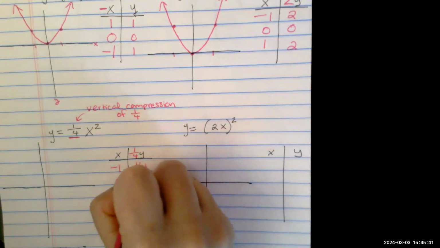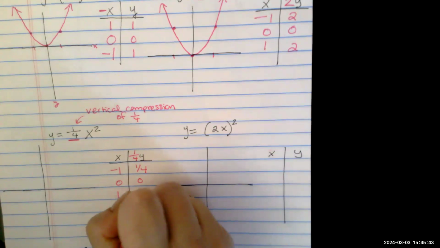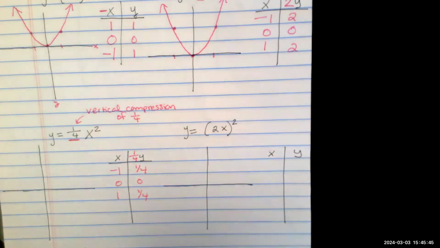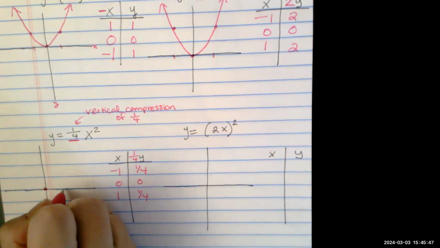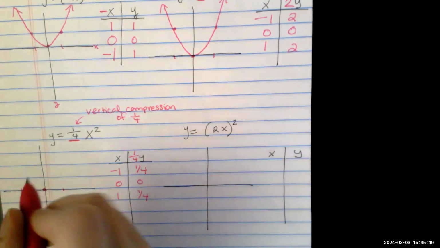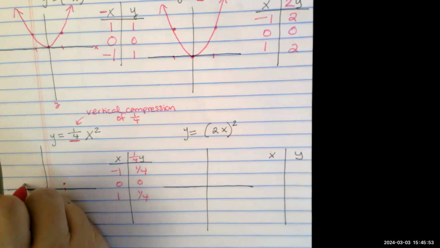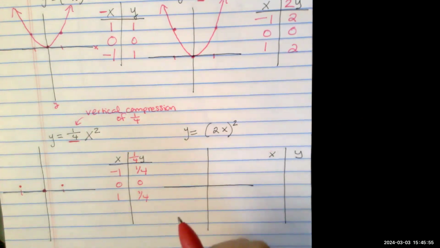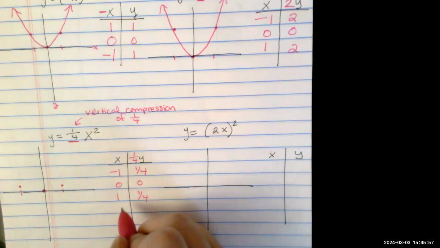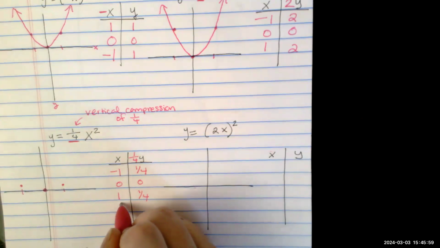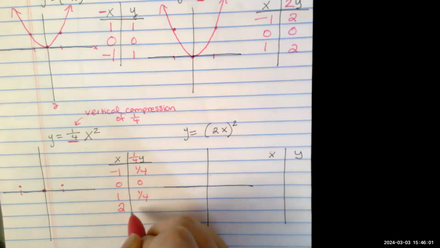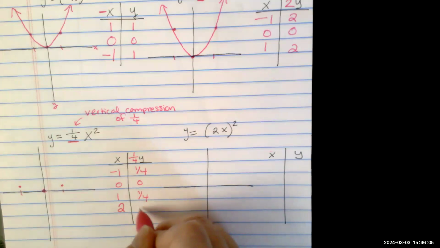So 1/4, 0, 1/4. So going up very, very little. If you wanted to maybe do another point just to get a nicer point, let's try 2. When x is 2, remember we talked about how y is normally 4.